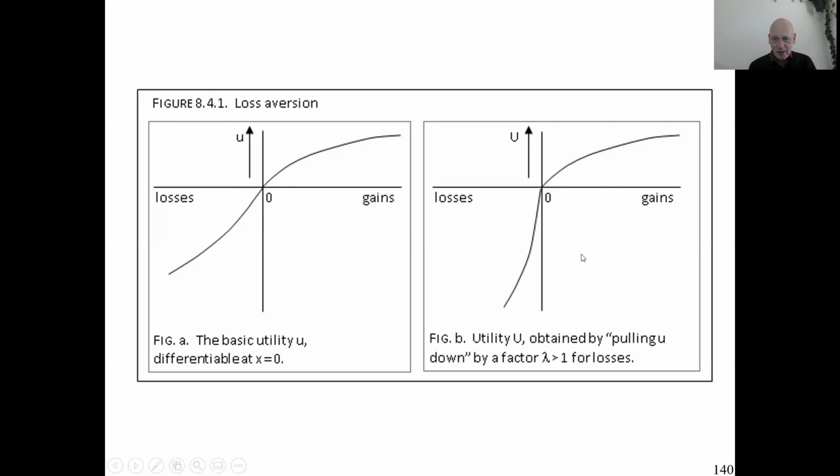Now, overall utility brings in that loss aversion parameter, which can be bigger than 1. Then for the losses, the whole curve is pulled down by that positive factor. That means at 0 we have a non-differentiable point, we have a kink. Suddenly, if you go below 0, then the marginal utility is much bigger than it was above 0.